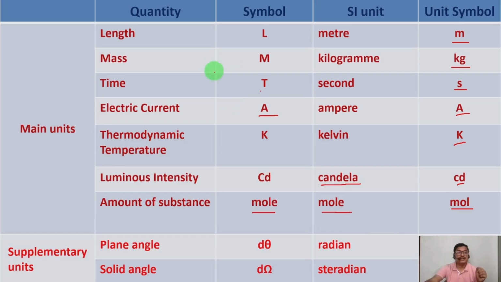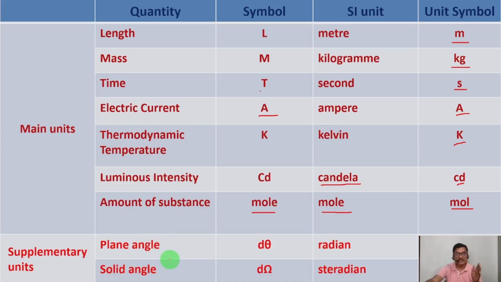And these are the seven physical quantities which are called fundamental or base physical quantities, and their units are the fundamental or base units. Even though there are seven, five are commonly used in daily life, and these two are additional and rarely used. Along with that, there are two supplementary units, which concern angle.